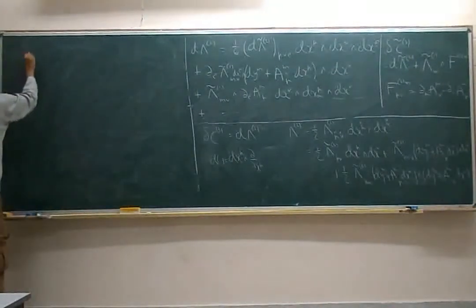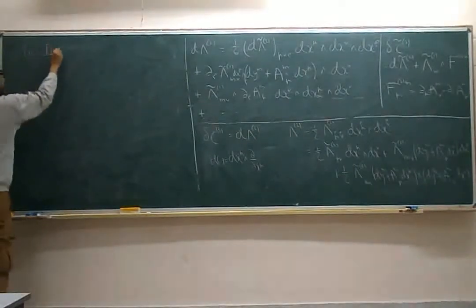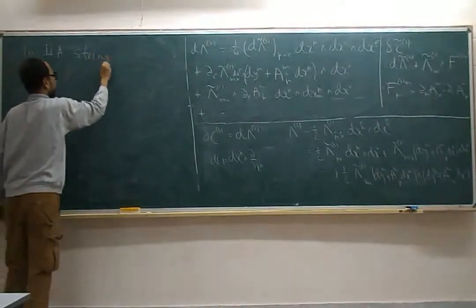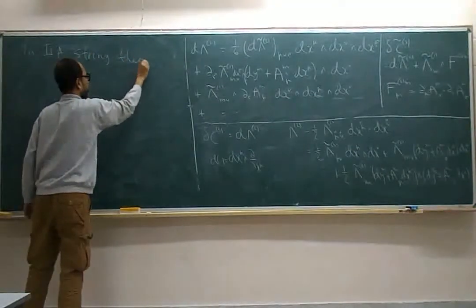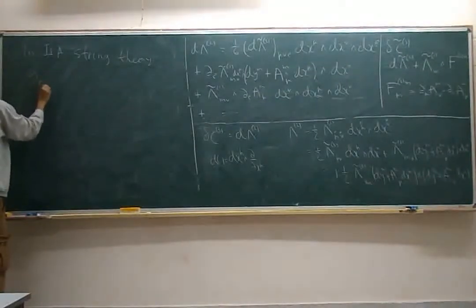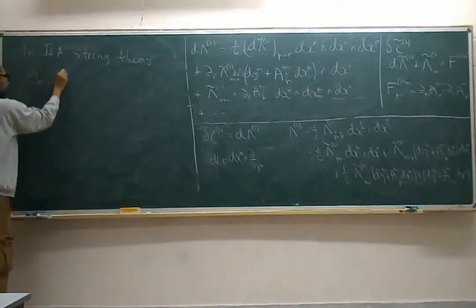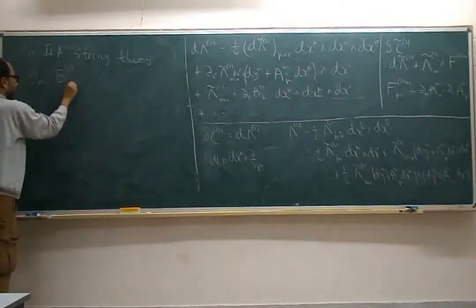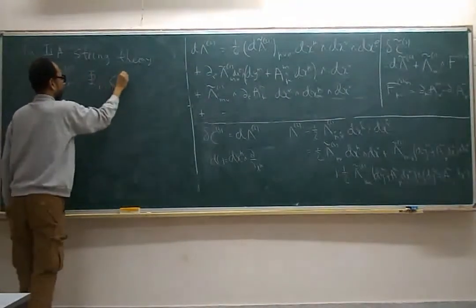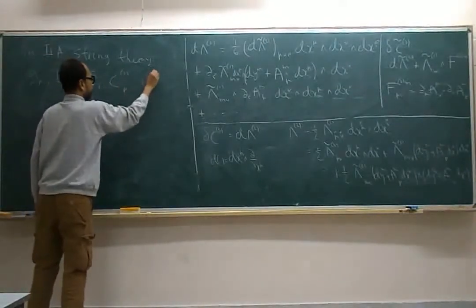So in 2a string theory, we had G mu nu, we had B2 mu nu, we had phi, and we had C1 nu, and we had C3 mu nu.